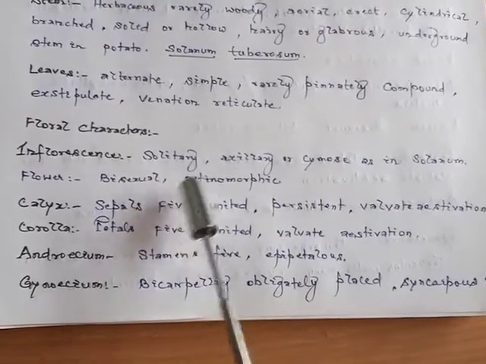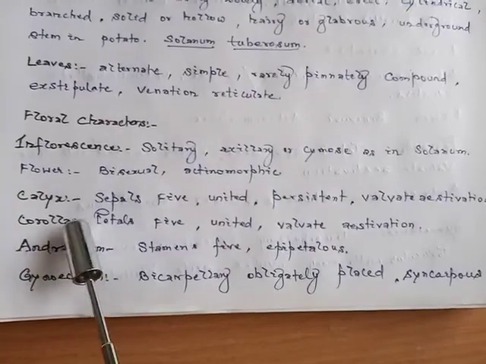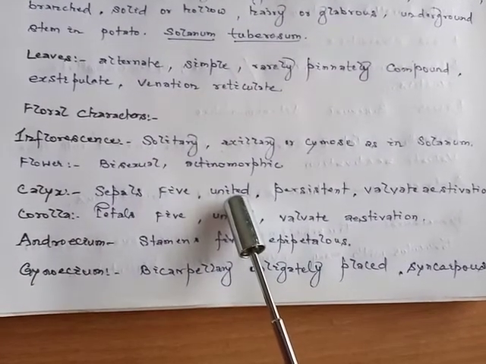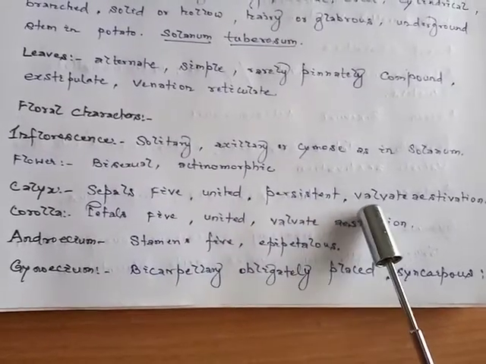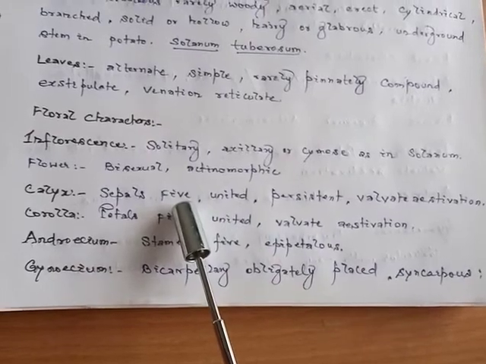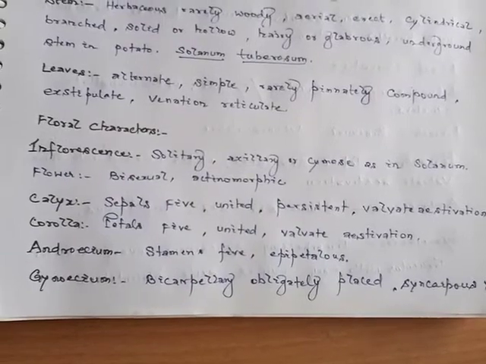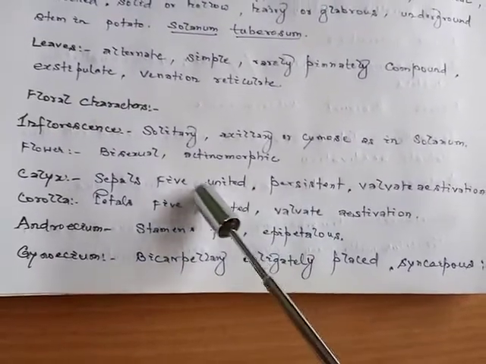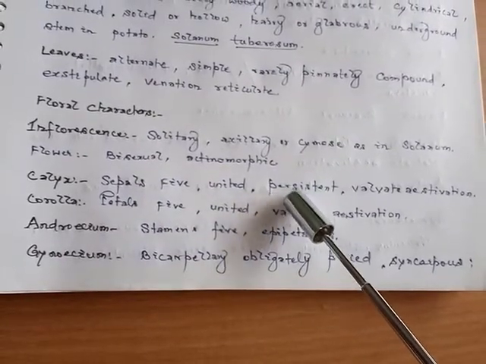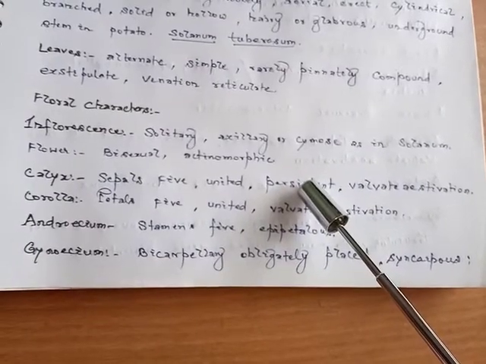Flowers are bisexual and actinomorphic, meaning they show radial symmetry. As far as the calyx is concerned, the sepals are mostly 5 in number, united, persistent, and with valvate aestivation. The number of sepals is 5 and they are united, so the number 5 would be written within the bracket. Persistent means they persist as the fruit develops and even after it matures.